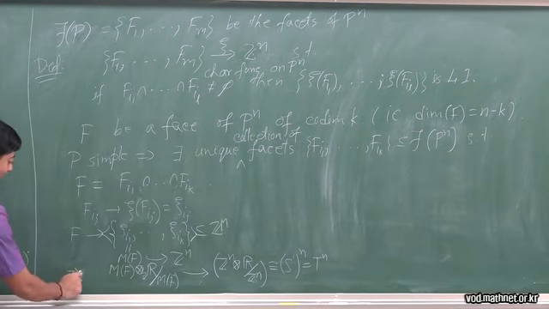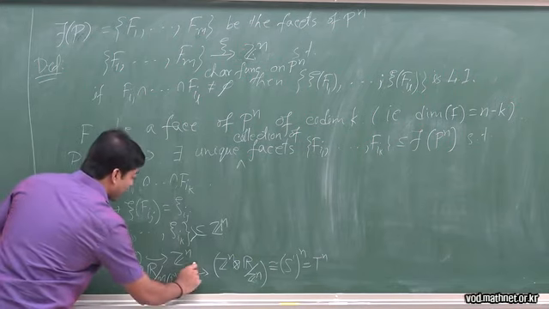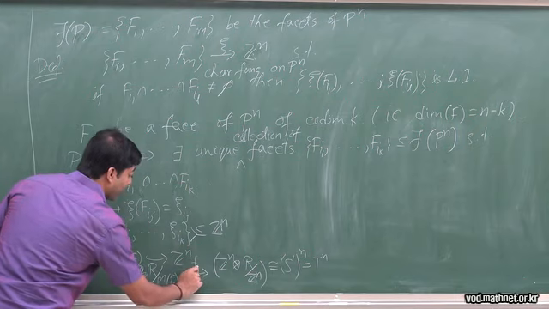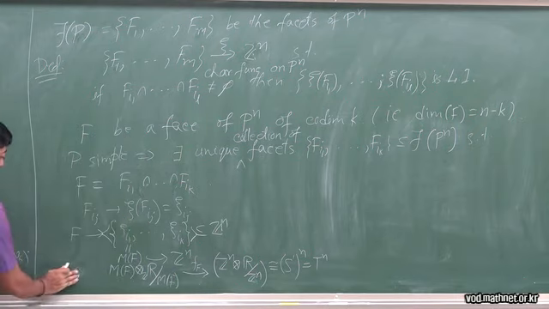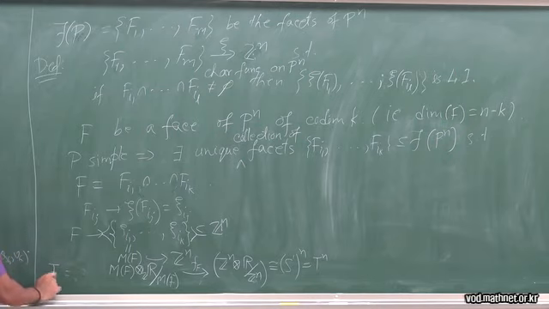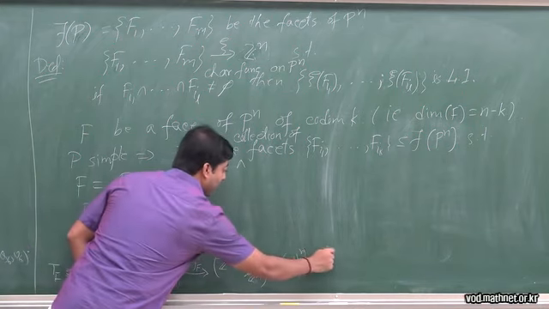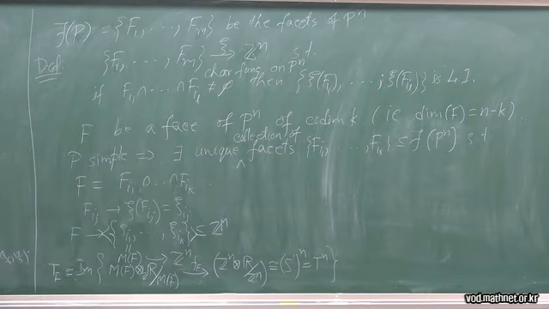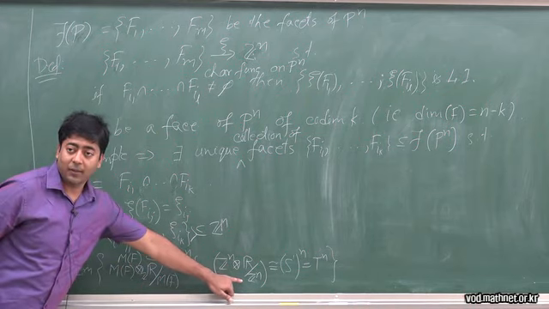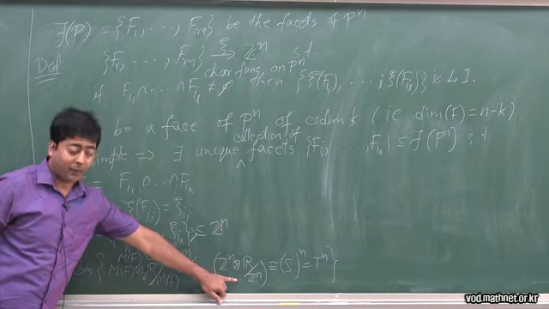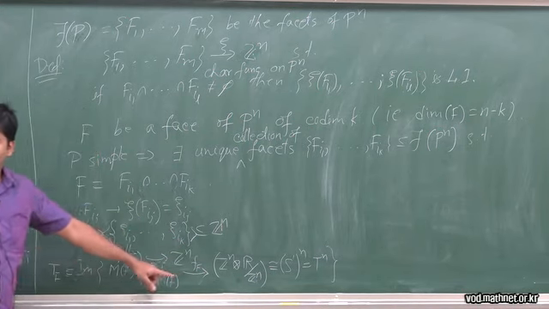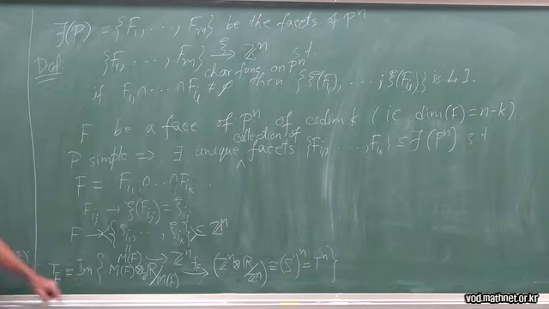Okay, so this image we can denote by small f, and we define a torus T_F equal to the image of this map. So this is a subtorus of T^n. The domain of the map may not be a subtorus of T^n, but the image is a subtorus.